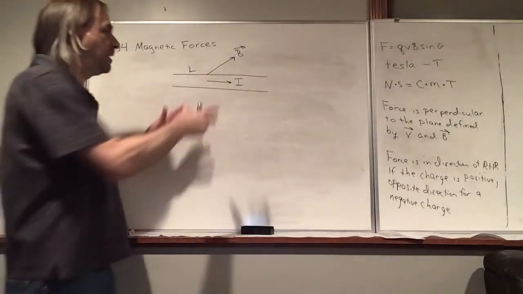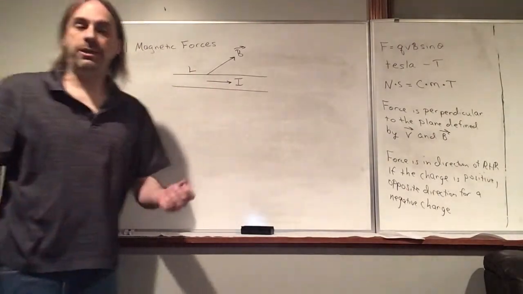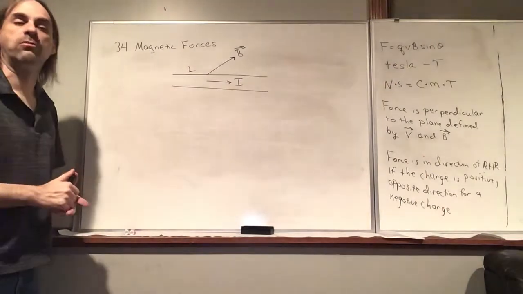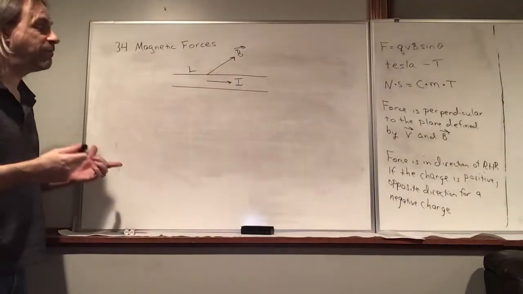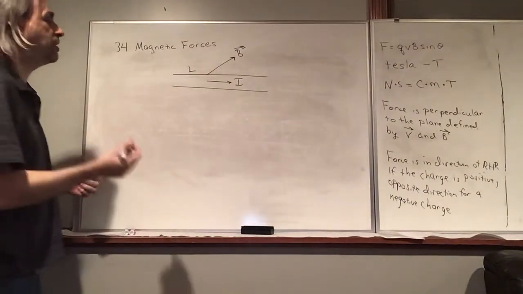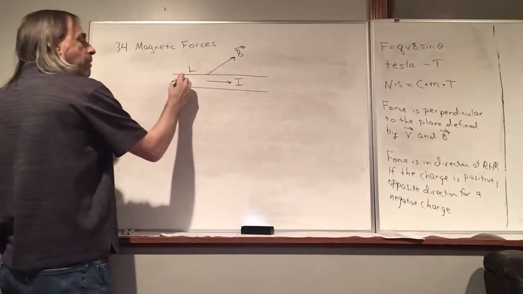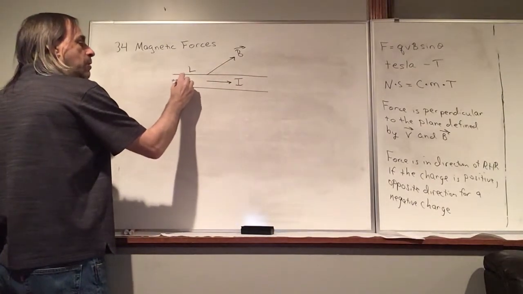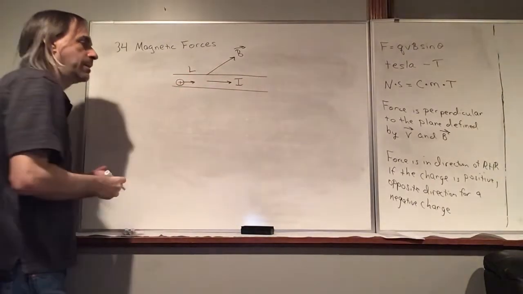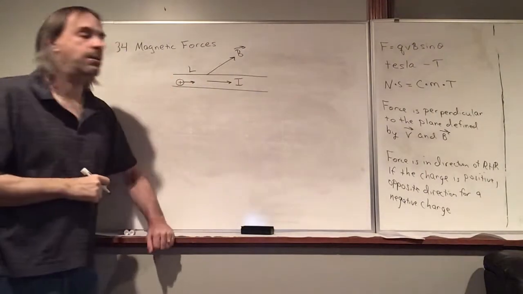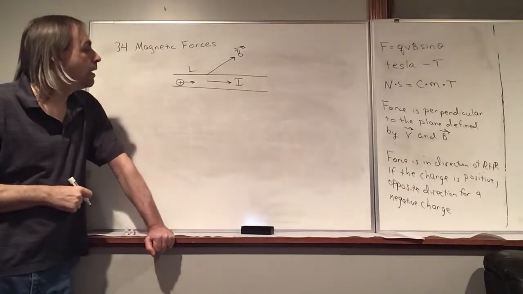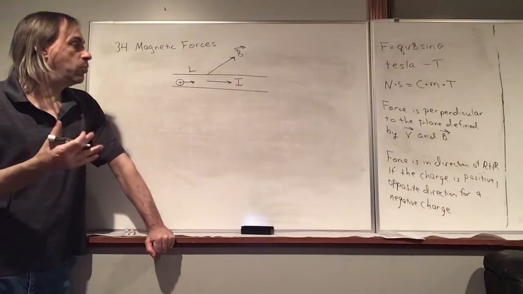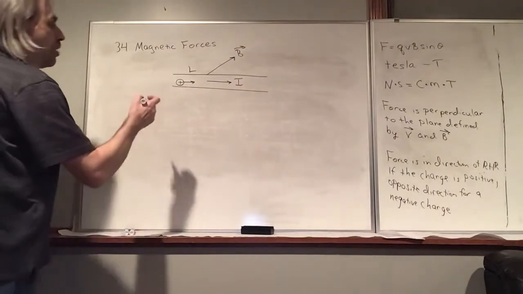But they're really moving in 3 dimensions, so it's a fairly complicated motion. But we can visualize our current as just positive charges moving in the direction of the current, at a nice constant velocity. And so let's calculate the force on this charge here.